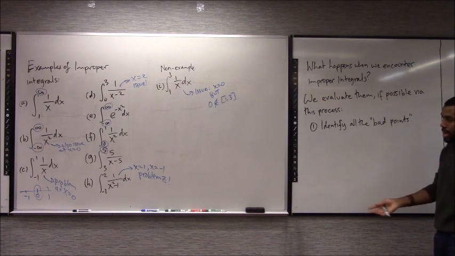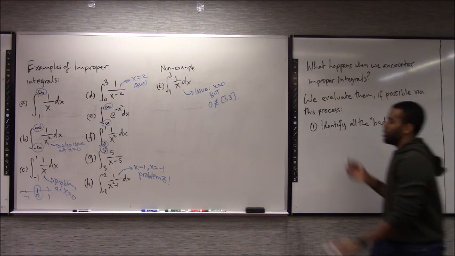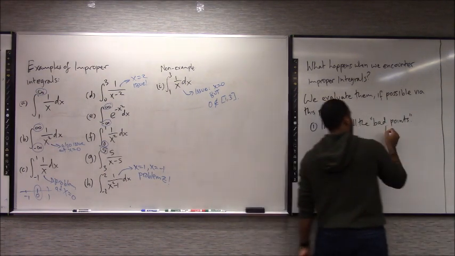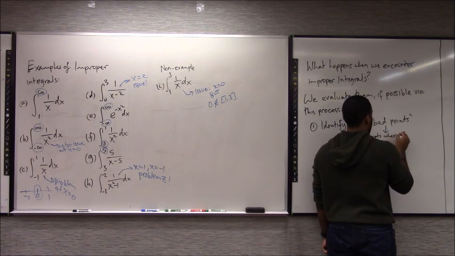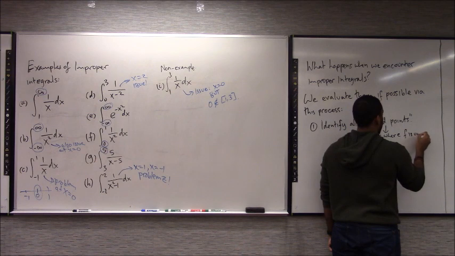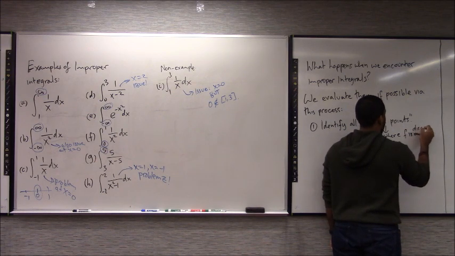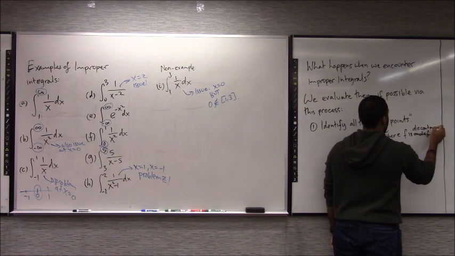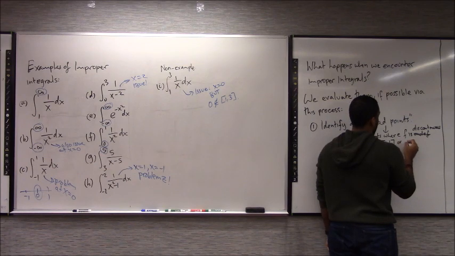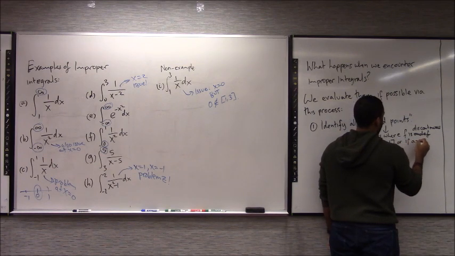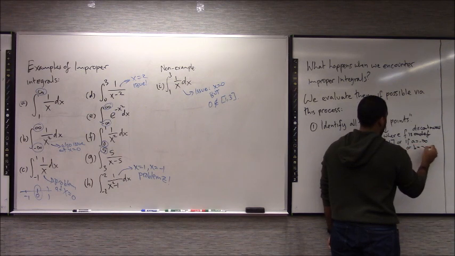Not all points are bad, you know what I mean, bad points. These are either points where f is undefined, or should we say discontinuous, on [a, b], or if a equals negative infinity or b equals infinity.